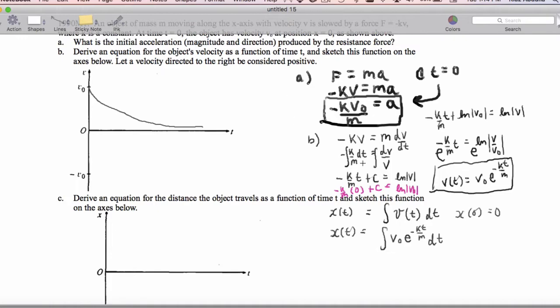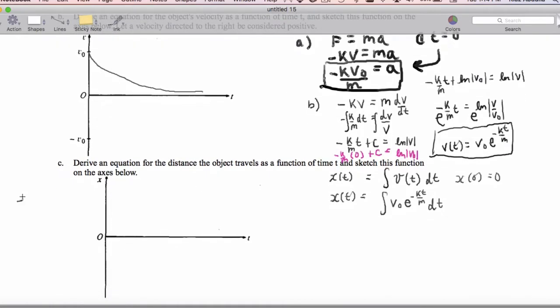Now, for those of you in AB that haven't had this, just so you know, the integral of e to the ax, you can do a chain rule on this if you want, those of you in BC, but I just prefer to memorize that the integral is going to be e to the ax over a plus c.